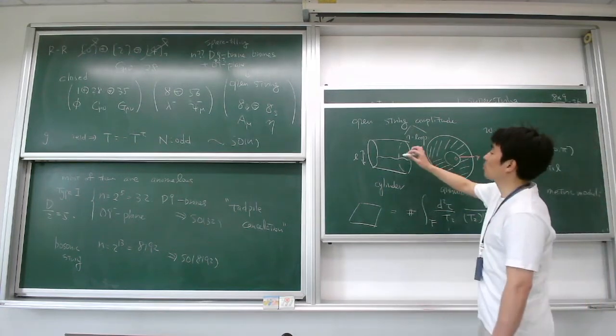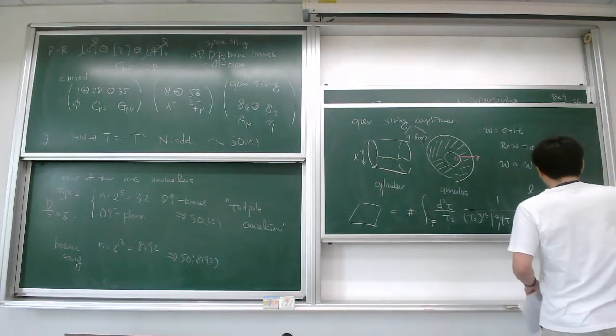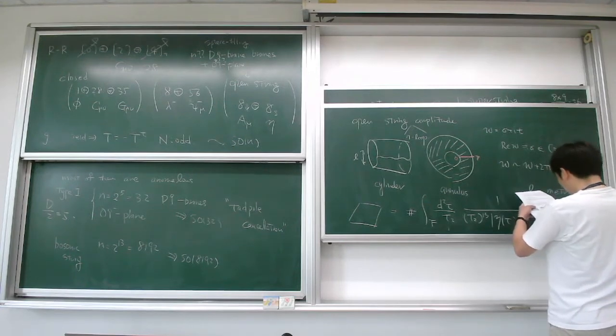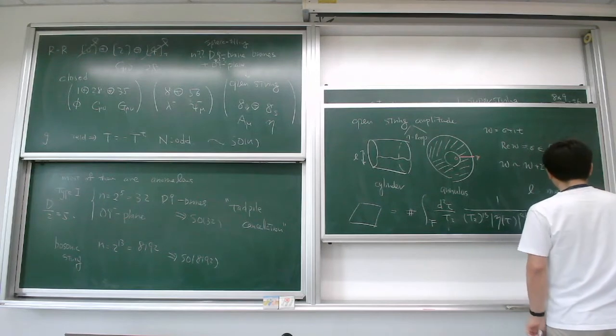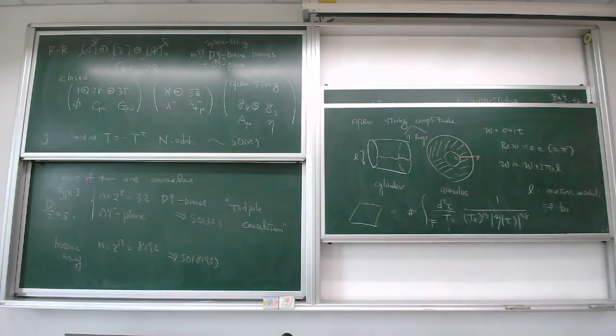The conformal Killing vector is, of course, the time translation. So therefore there is one conformal Killing vector, and with the metric modulus, we need to introduce B0 and C0.